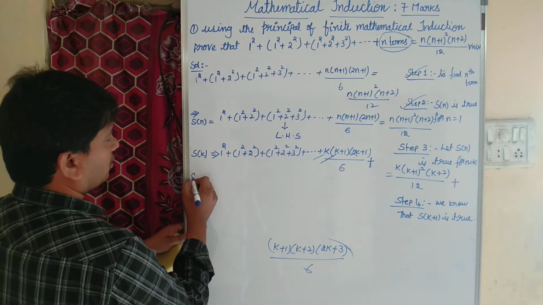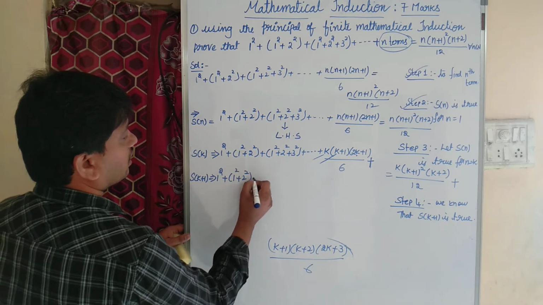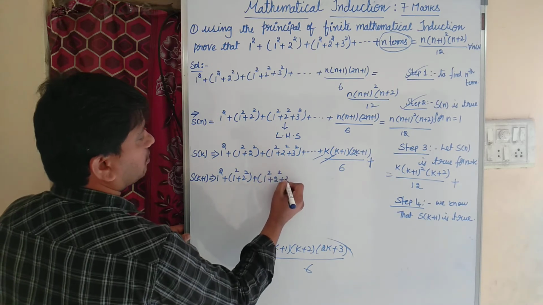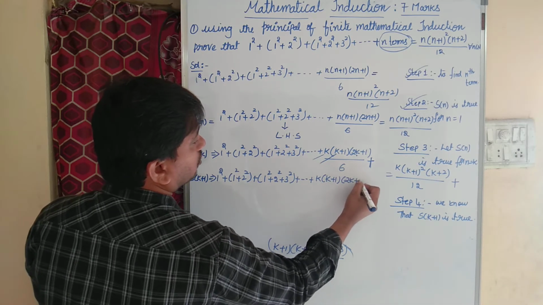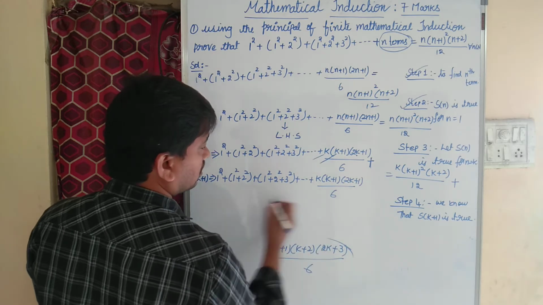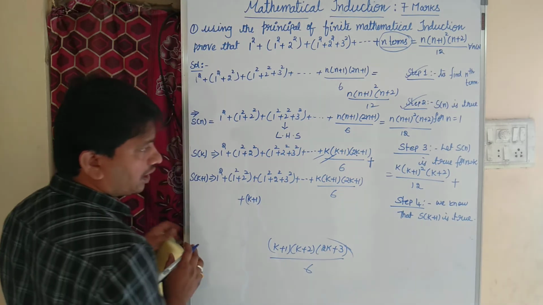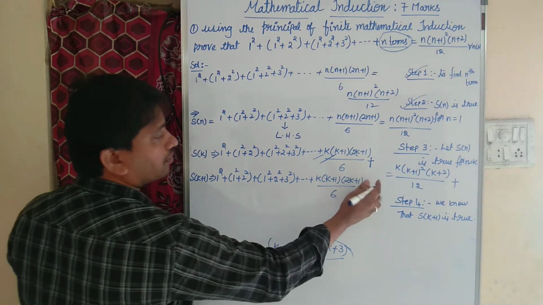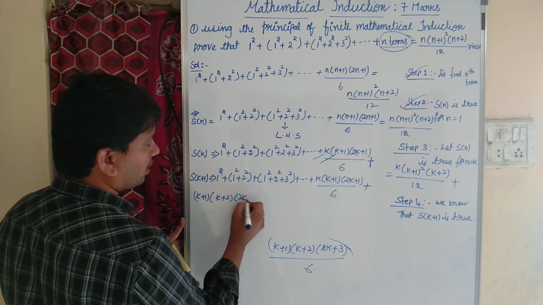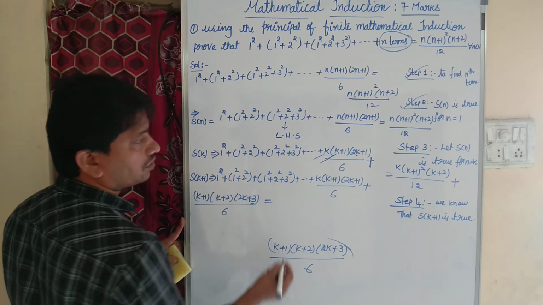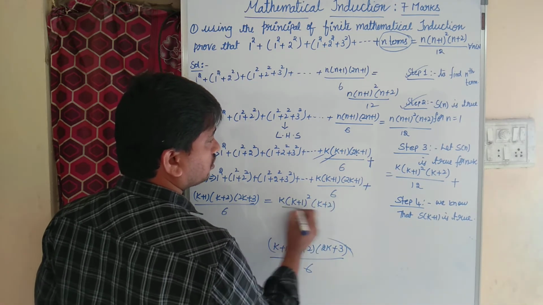That is 1 square plus 2 square plus 3 square plus and so on plus k into k plus 1 into 2k plus 1 by 6, plus we are adding k plus 1 into k plus 2 into 2k plus 3 divided by 6 equal to, what we have, children, here? k into k plus 1 whole square into k plus 2 divided by 12.